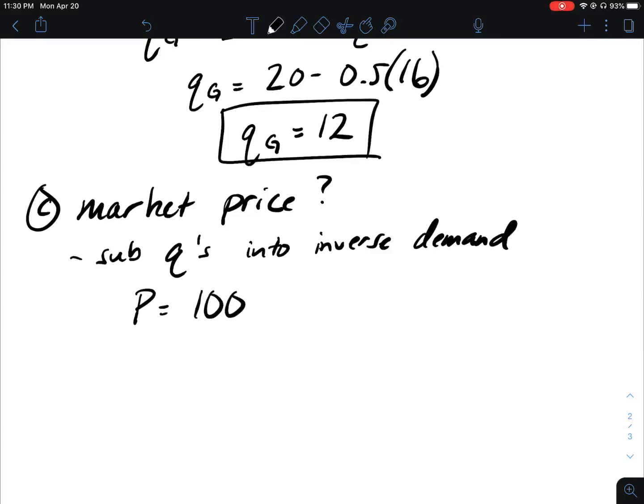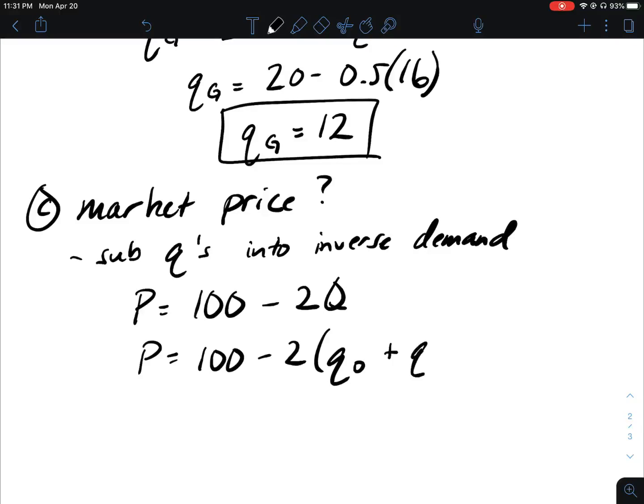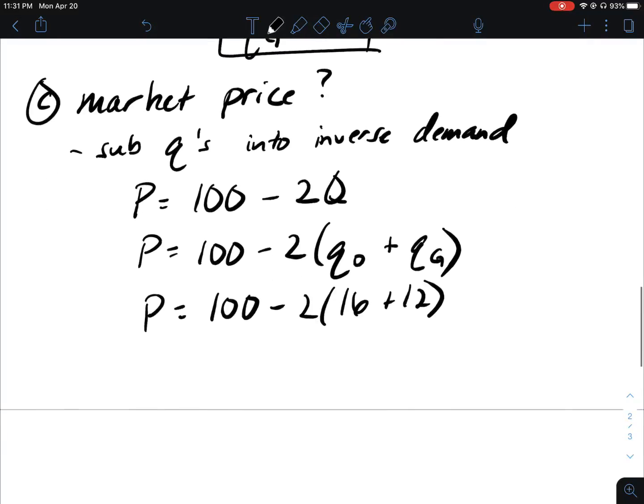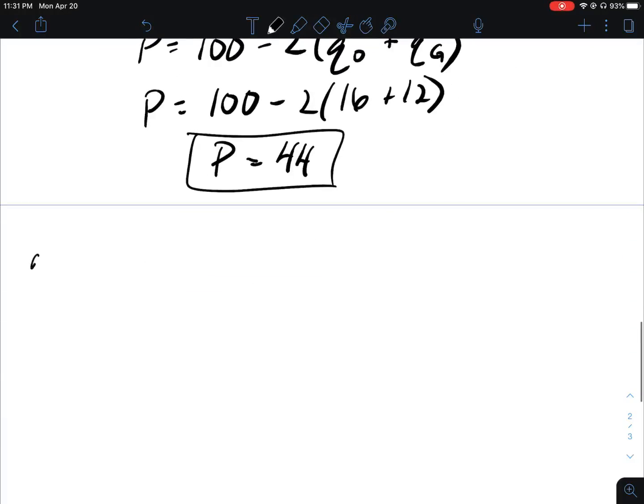So we have P equals 100 minus 2 times capital Q. We can break capital Q up into QO and QG. And then we're just going to substitute our values in. So 100 minus 2 times 16 plus 12. And so our P equals 44. So that's our market equilibrium price for this Cournot question.